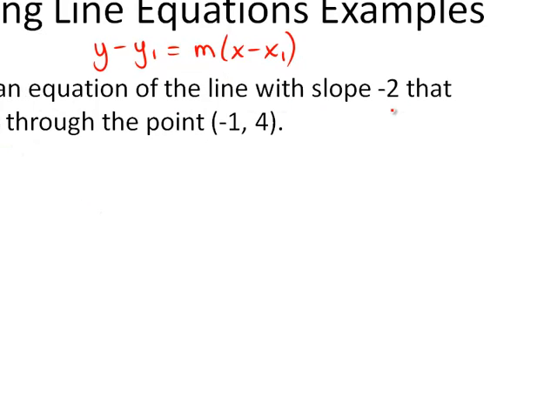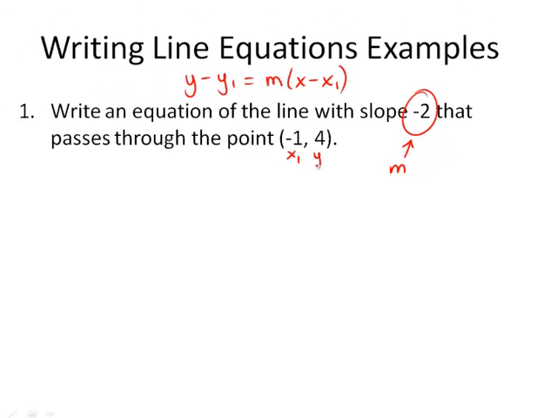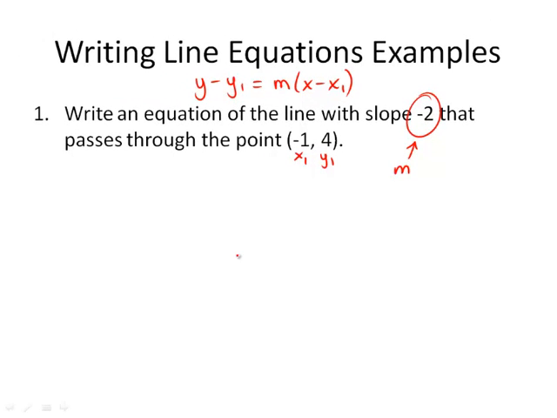We don't need to graph the line. We can simply input the values into the formula. The slope is -2, so that's our m. And our specific point, x1, y1, is -1, 4.